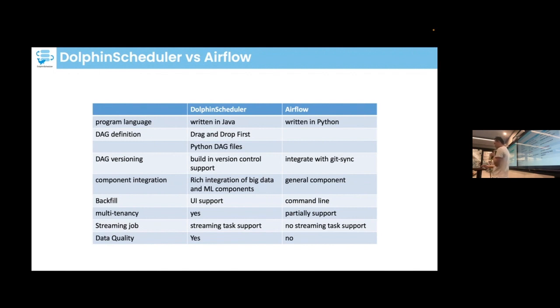And I think for a Python developer, most people will choose Airflow. And if you are a data engineer who is familiar with Java, or some of your users are not developers, then you can choose DolphinScheduler. Okay, let's go to our demo.